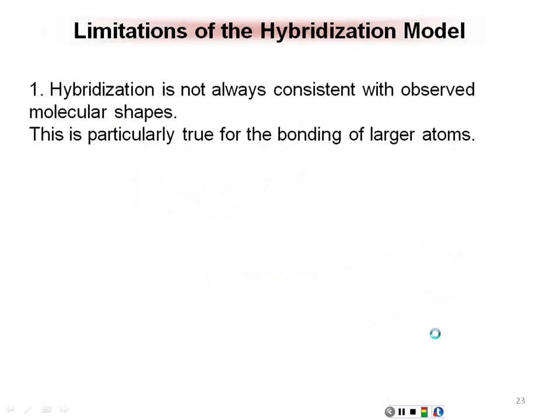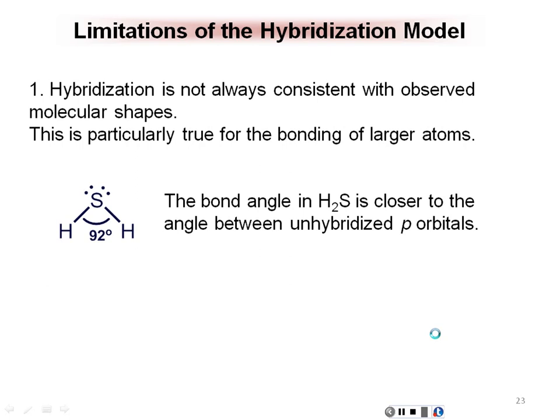So there are some limitations to valence bond theory. One of them is that the hybridization is not always consistent with observed molecular shapes. This is really the case in larger atoms. An example of this would be sulfur in H2S.